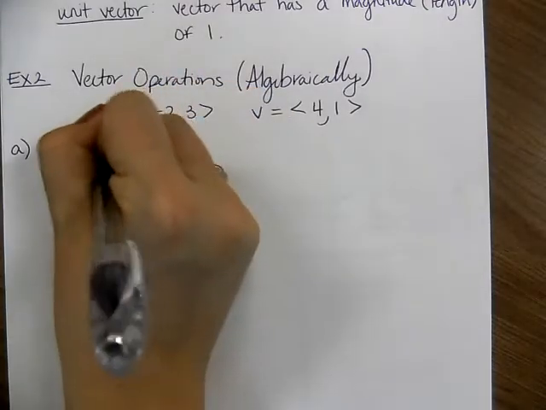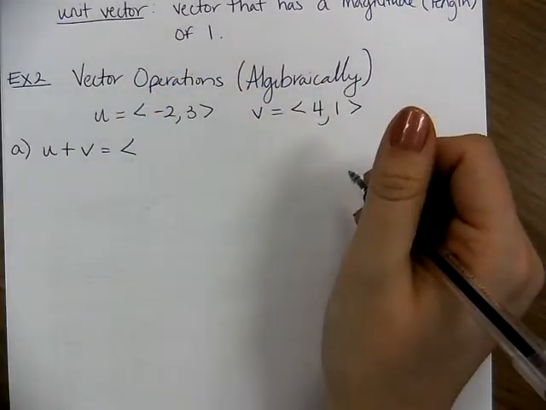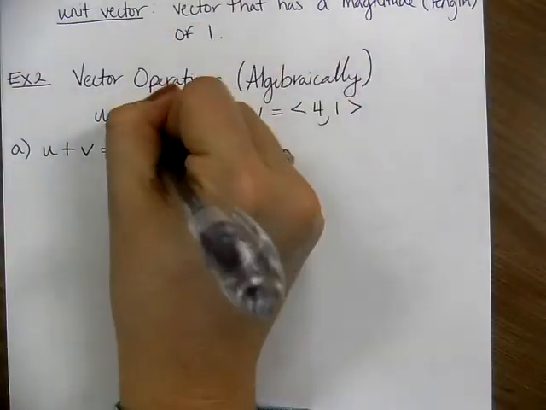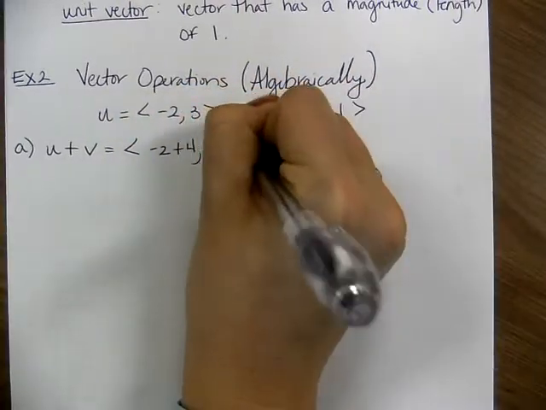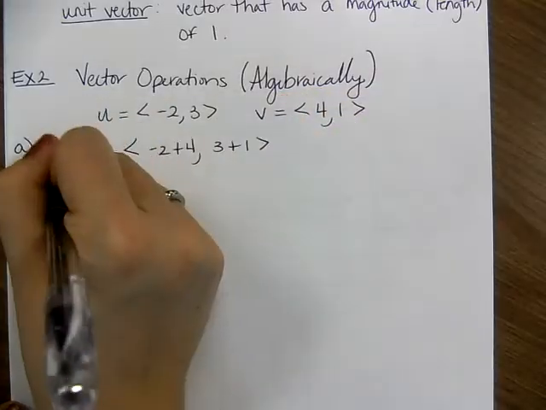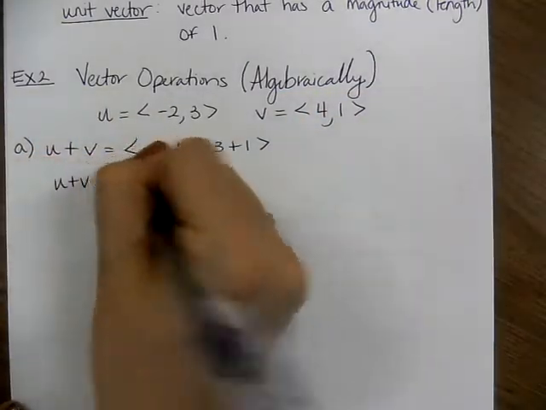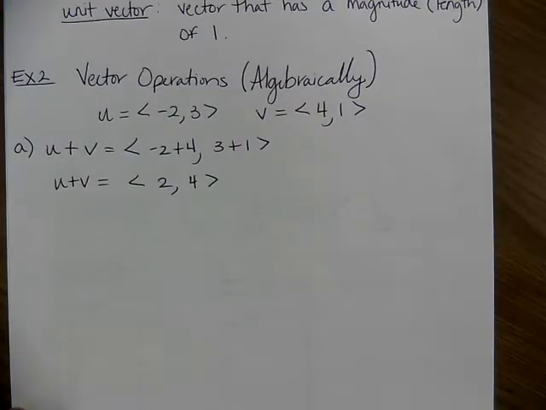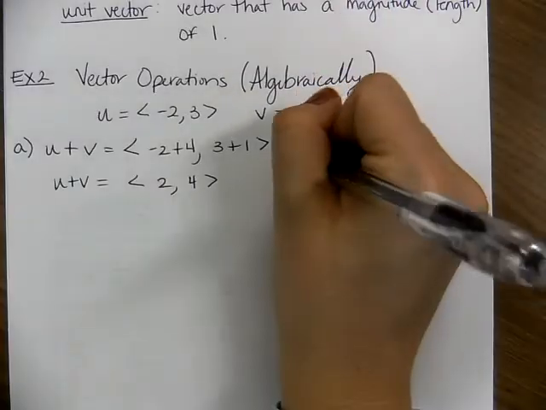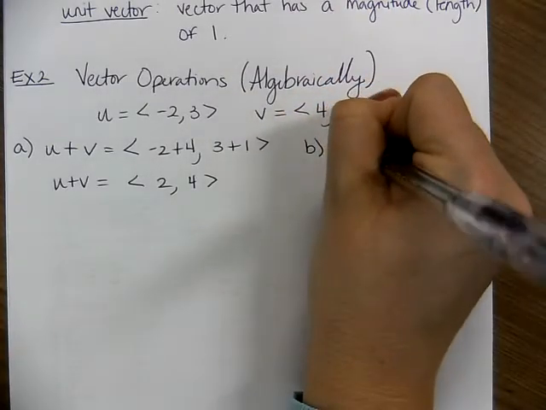So we're going to show our work like this, and I know it's kind of silly to show your work, but we're still going to do it. So we have negative 2 plus 4, comma, 3 plus 1. So u plus v is 2, comma, 4.